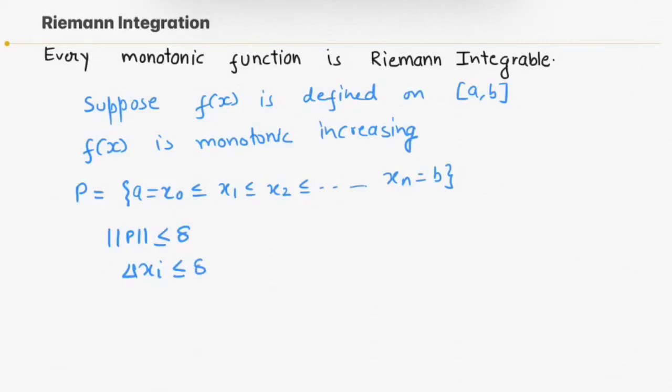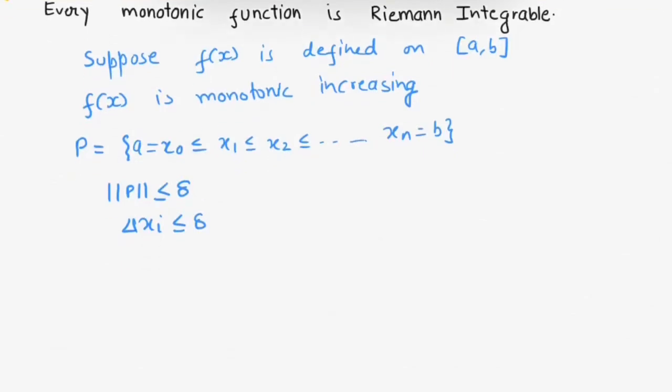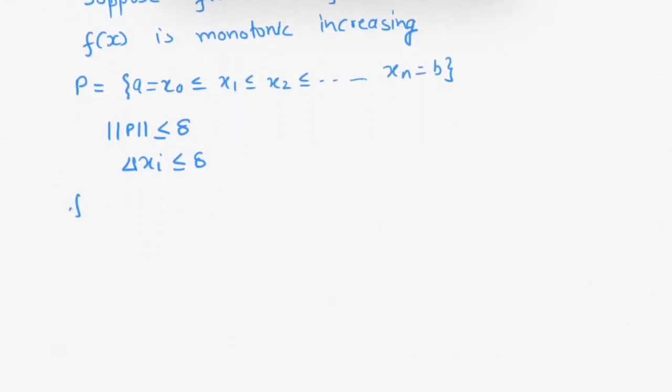Okay, since we have considered f(x) is monotonic increasing, hence f(x0) is less than or equal to f(x1), less than or equal to f(x2), less than or equal to and so on, f(xn). Okay, now let us find the upper Riemann sum U(P,f).